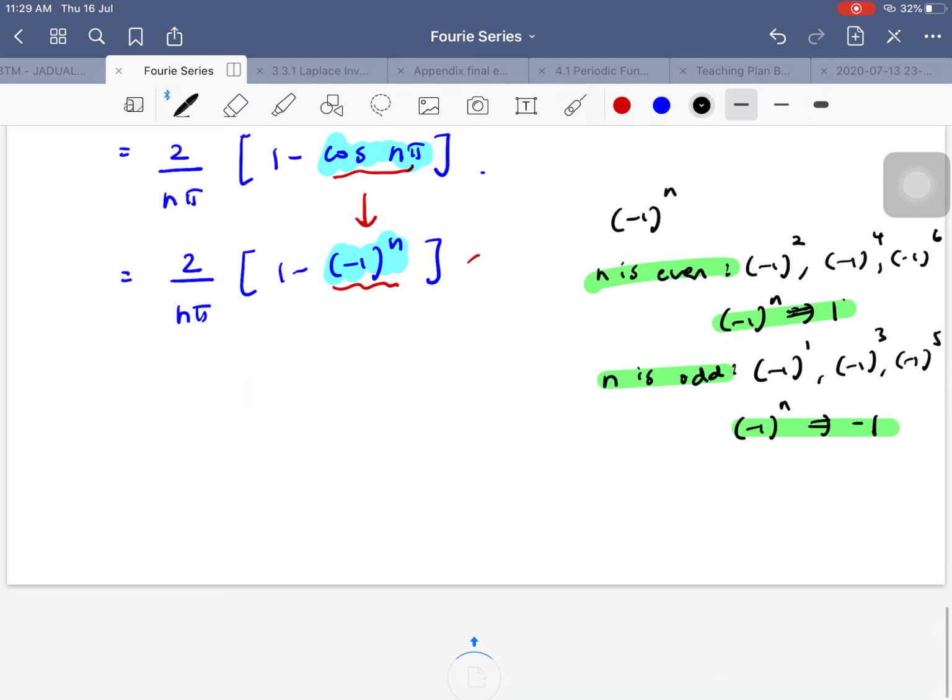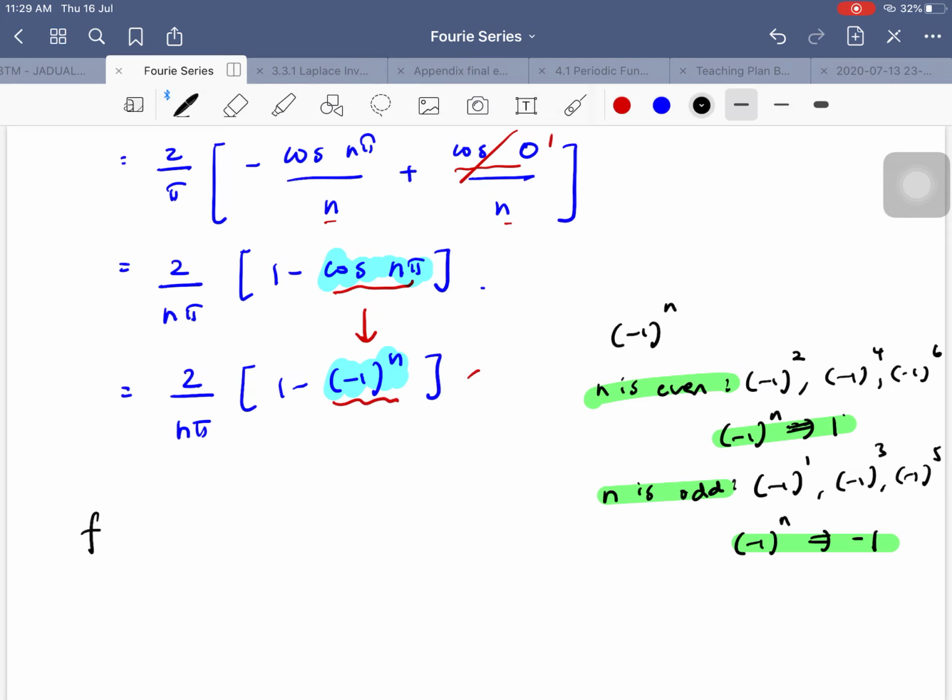So we can actually make a generalization of this function, for when n is even and when n is odd. So let's start with n even. If this term is even, I'm going to end up with 1, so 1 minus 1 is going to be 0.